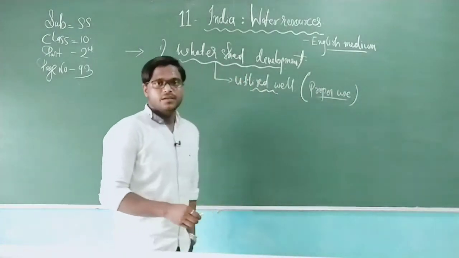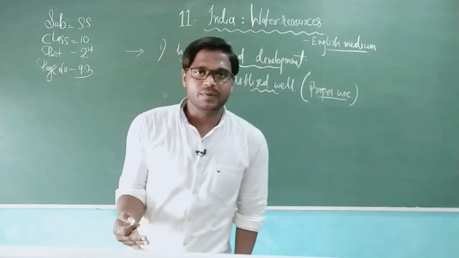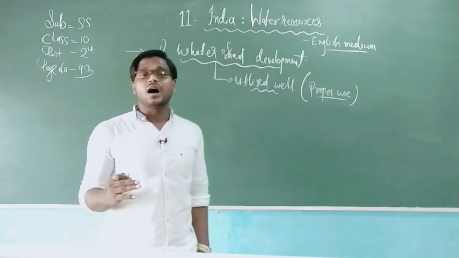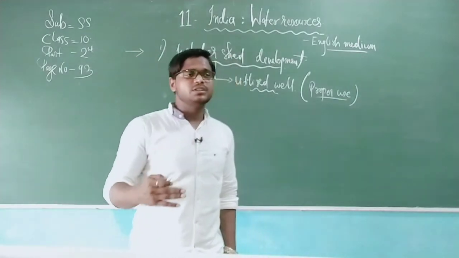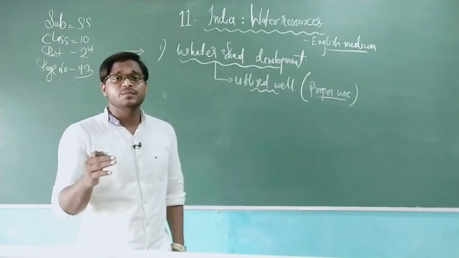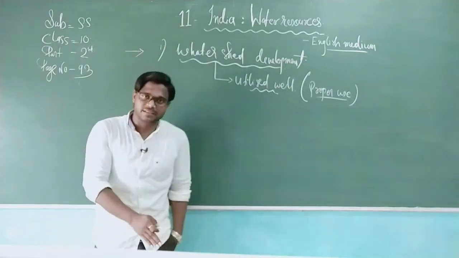That's the basic thing. Now what is happening in watershed development, that also we need to go through. Later on we'll be moving to how to harvest rainwater, because harvesting of rainwater is also one of the processes which boosts up watershed development.